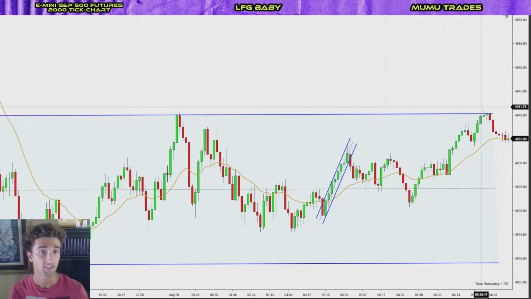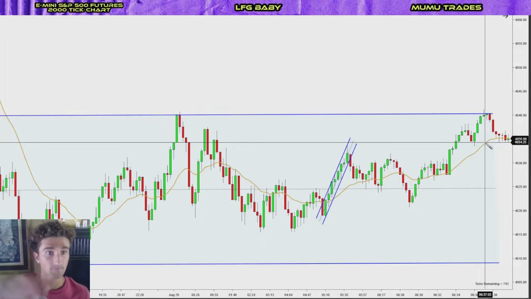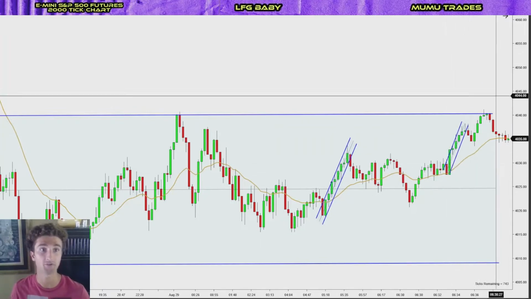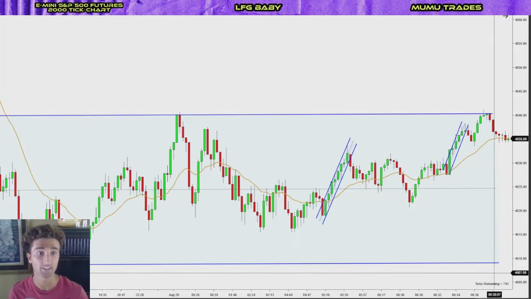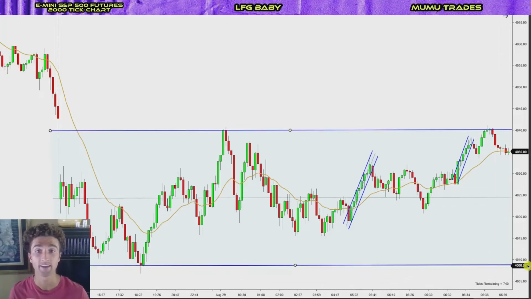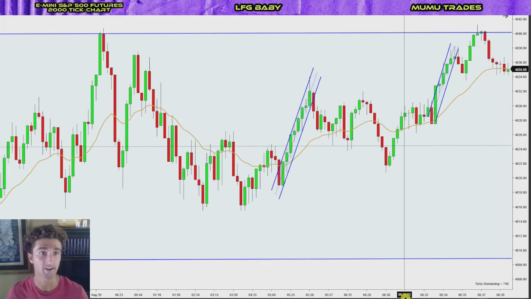And we see a new high after another short-term uptrend, break, new high. We're testing this level again, so we can at least start thinking in our minds there might be a reversal in trend.